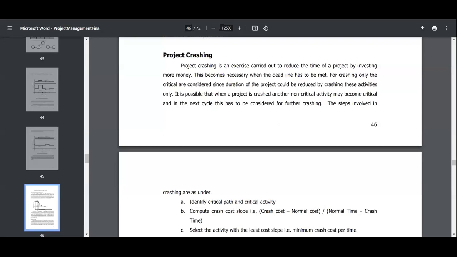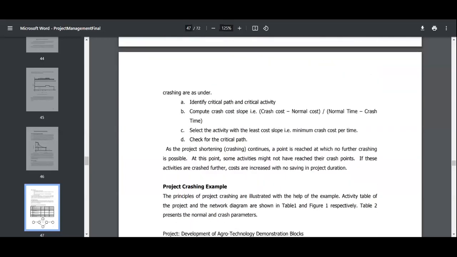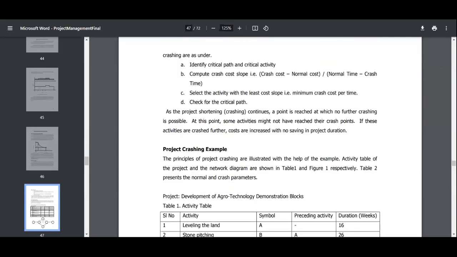Now crashing, what is project crashing? Project crashing is an exercise carried out, so it depends what kind of work we need to do, what kind of work not to do. So you prepare and plan and go through that. Here you need to identify the critical path, every ratio, every budget you have to prepare, and on that basis you complete it.